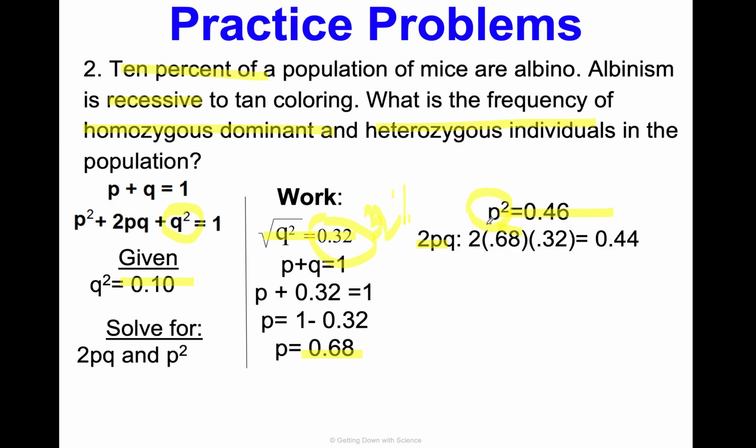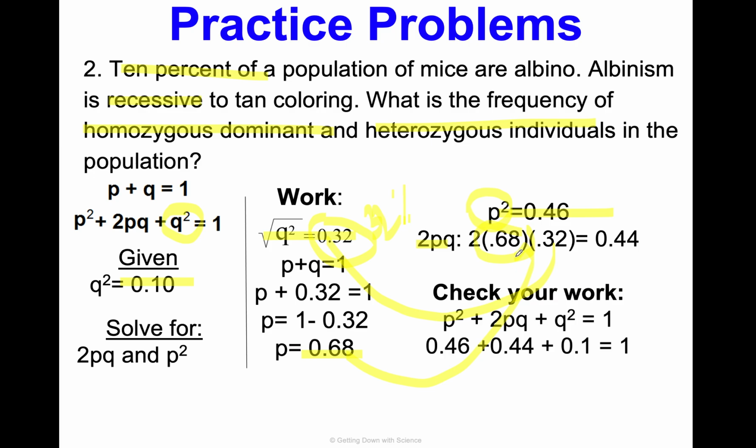So you're just plugging in here. Your Q goes in here, and your P goes in here, 0.44. And then you're going to want to check your work. Right, so P squared is 0.46 plus 0.44 plus 0.1. You add those up, they all equal 1.